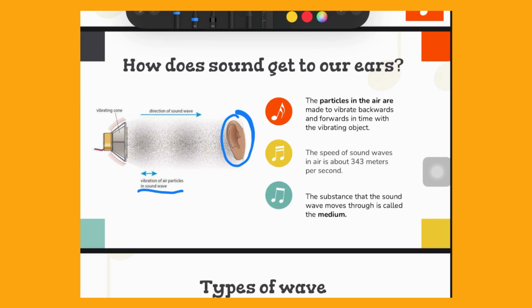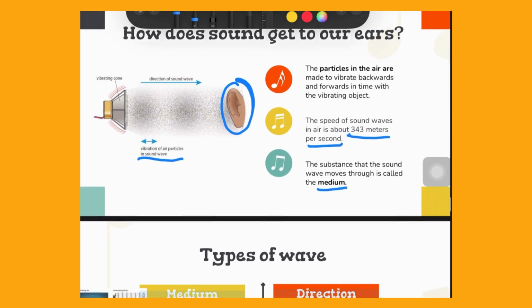The air particles travel to our ears, so we can hear the sound. The speed of the sound wave in the air is around 343 meters per second. The substance that sound moves through is called the medium. The substances we have three before: solid, liquid, and gas.